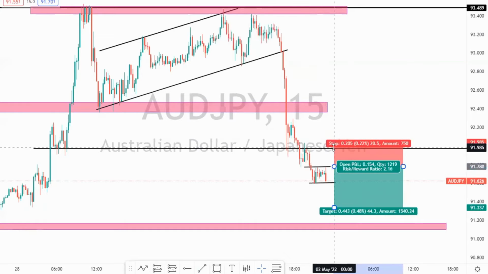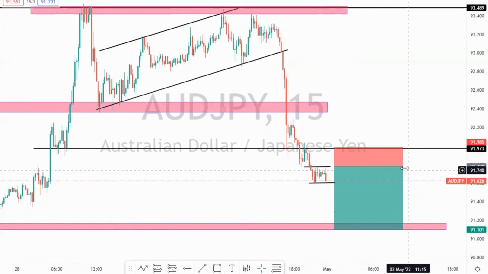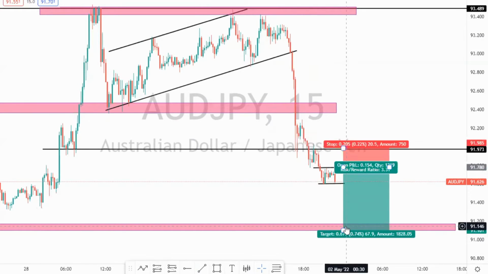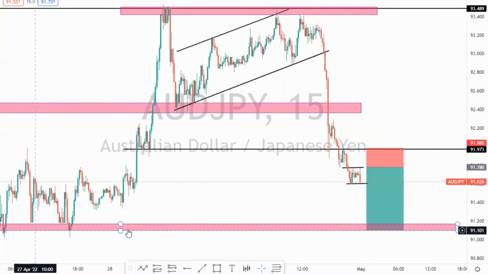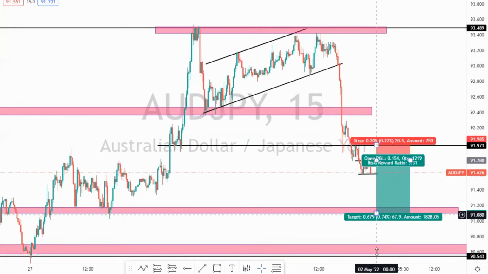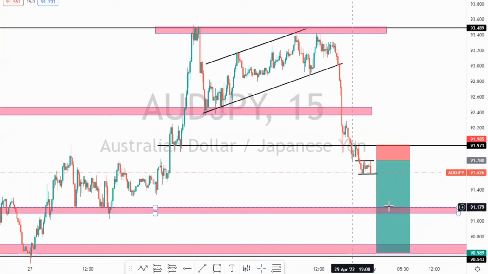You could measure the stop loss. If you're risking 1%, it's cool. Then hit your first target. After breaking your first target, which means after breaking this low, then you could look forward to taking profits on your second target. So this could be your first target and this could be your second target.